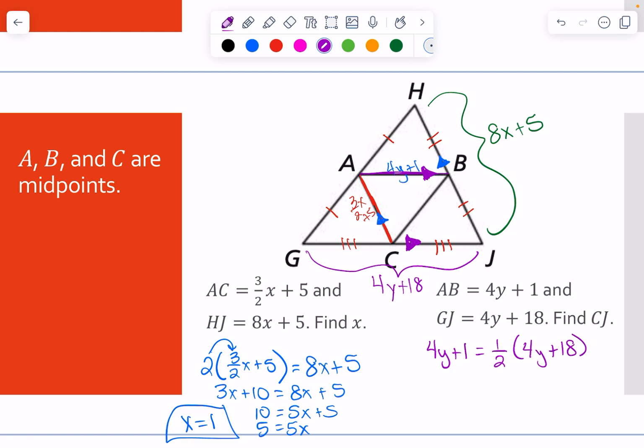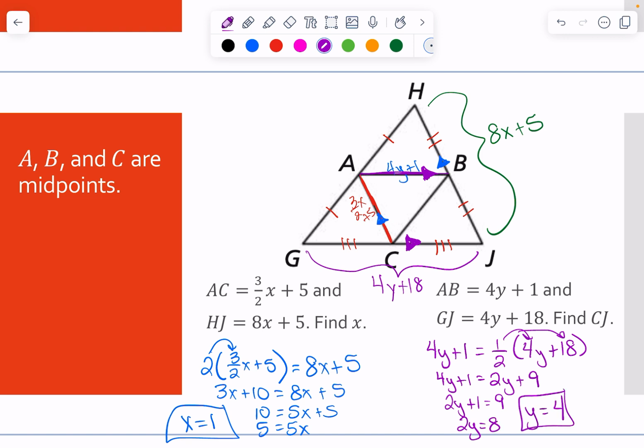Or you could do 2 times 4y plus 1 equals 4y plus 18. Either one will get you the same answer. So if we distribute that, we get 4y plus 1 equals 2y plus 9. I'm going to minus the 2y. I'm going to minus the 1. So y must equal 4.